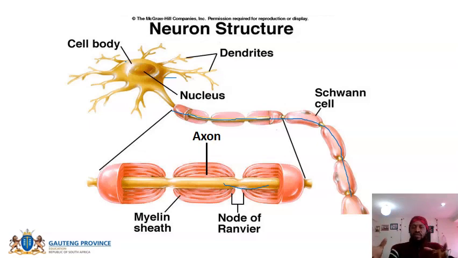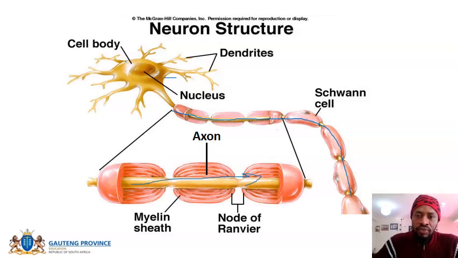The copper wiring inside the electric cable is the axon, and the plastic around the copper wiring is the myelin sheath. Inside the axon, there is a message or information that flows right through it, just like electricity flows inside the copper. That information is what we call an impulse.